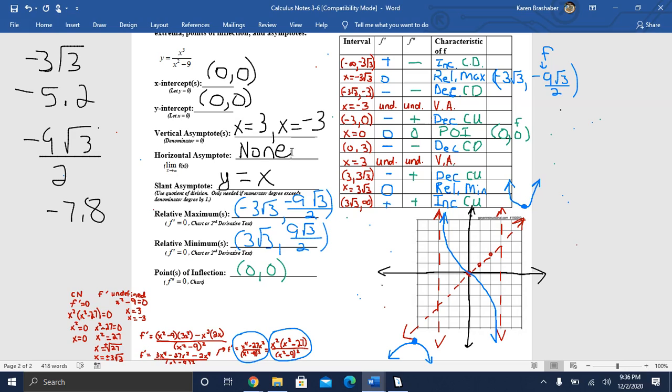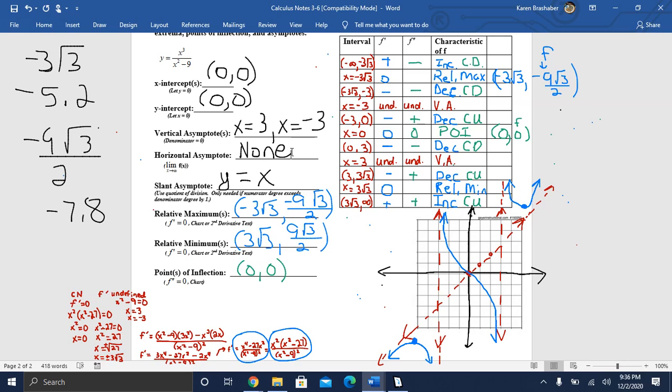It might help to extend the slant asymptote just a little bit more for you to see it, and extend that vertical asymptote and do the same thing on this side as well. So you can see what happens there. So you've got a rational graph.